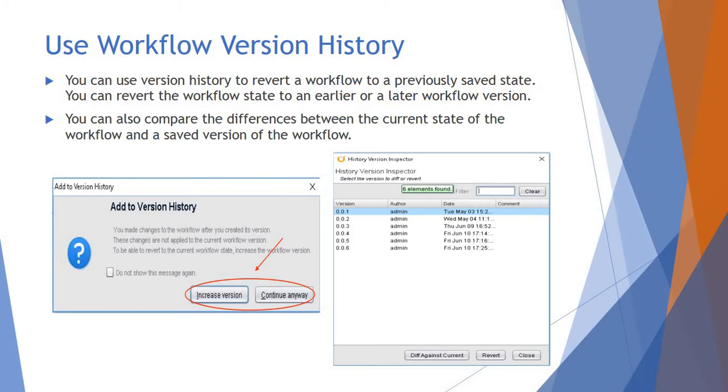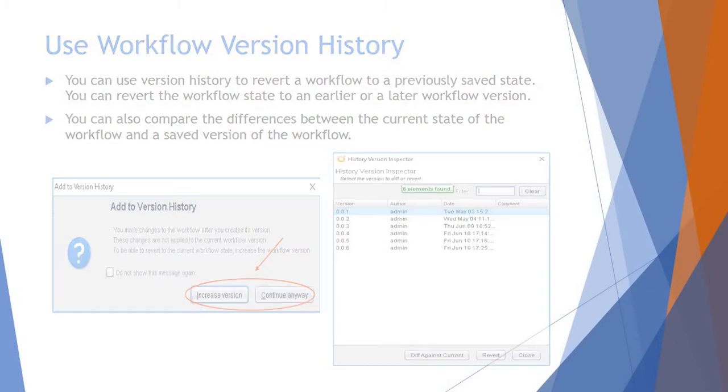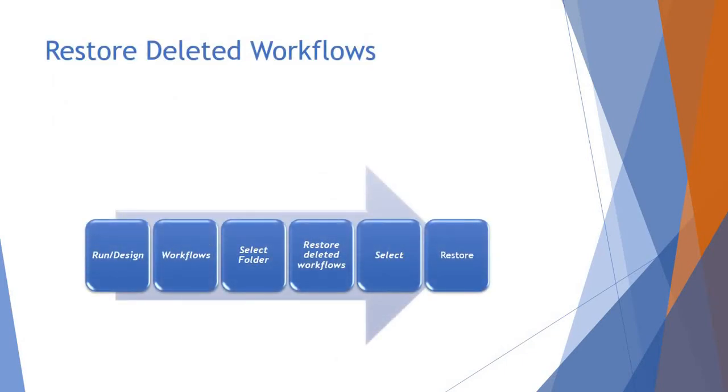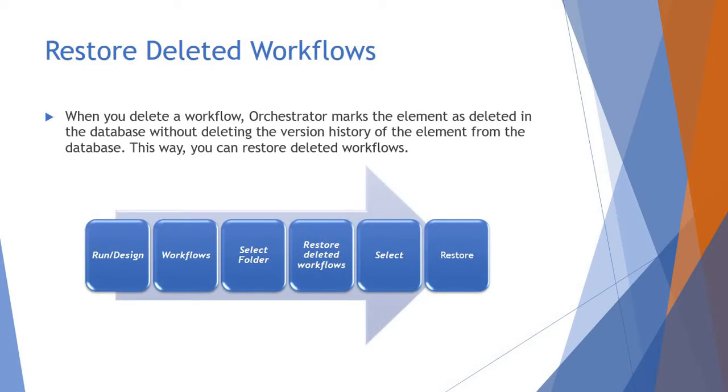Prerequisites. Open a workflow for editing in the Workflow Editor. Procedure. Click the General tab in the Workflow Editor and click Show Version History. Select a workflow version and click Difference Against Current to compare the differences.